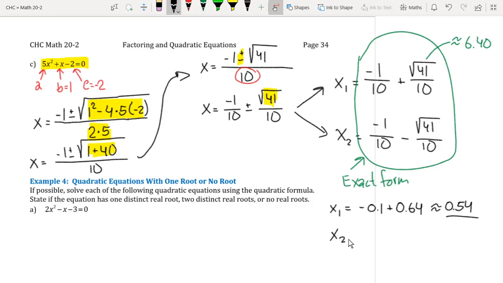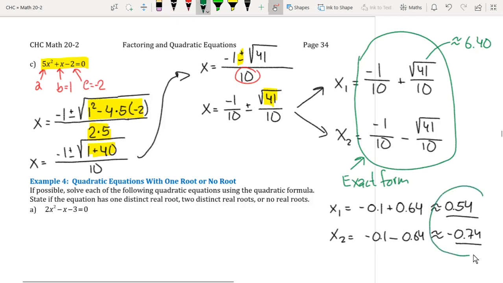For the second root, now we do minus 0.64, and we will get negative 0.74. So these are approximate or rounded form.